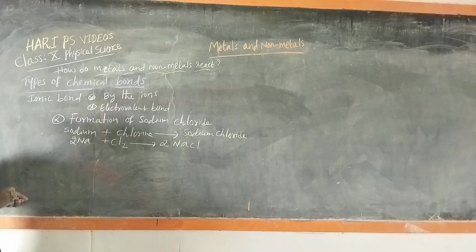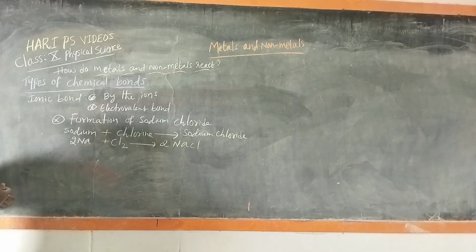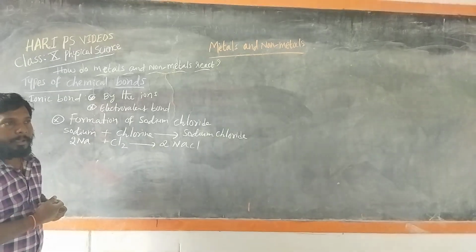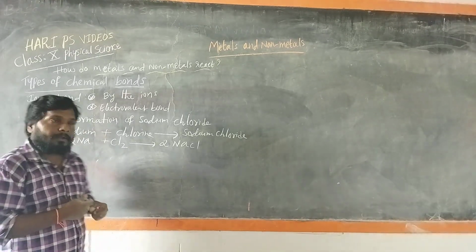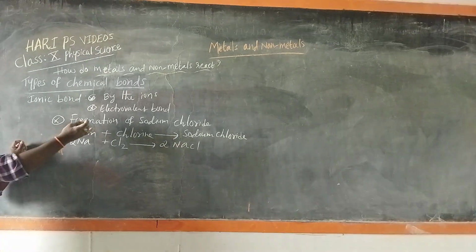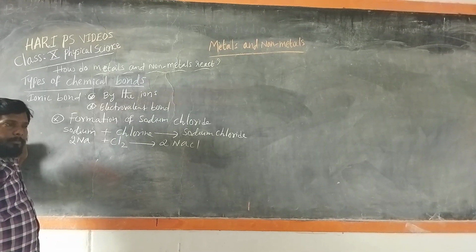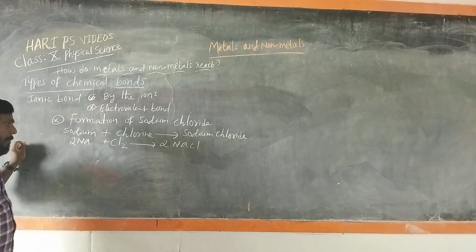First of all, an ionic compound like sodium chloride is formed by the combination of ions, the sodium ion and the chloride ion. As in the previous session, we discussed how the sodium ion is formed and how the chloride ion is formed.